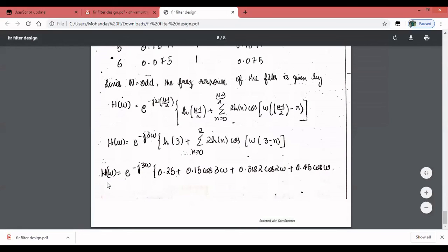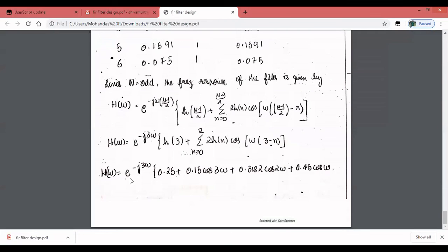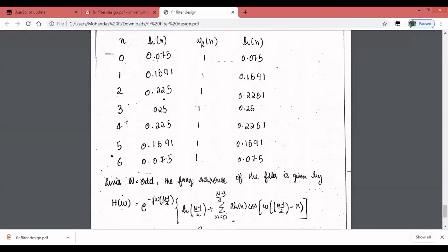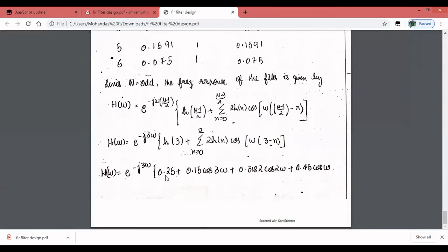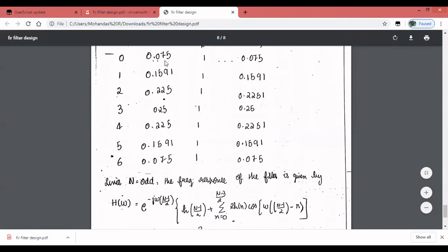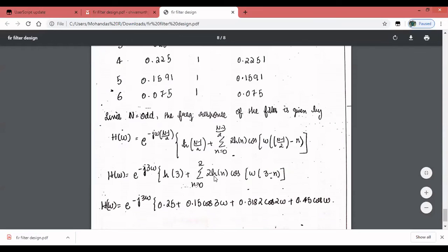The final frequency response of an FIR filter will be e to the power of minus j 3 omega into h(3). We know what h(3) is here, you can see that it is 0.025. Substituting 0.025 here, plus substituting the n value from 0 to 2. So what I have to do is 2 into h(0). We know h(0) is equal to 0.075 here, multiplied by 2.